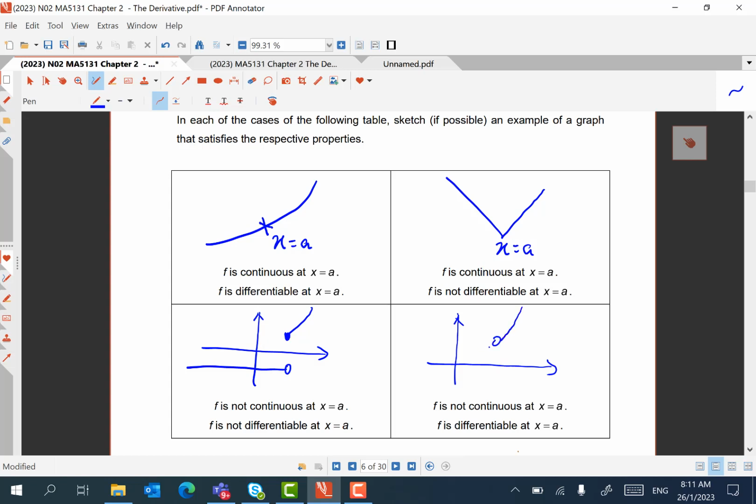Okay, so let's look at this example. Someone says, say maybe you get this A. Someone says this function is not continuous but differentiable. Okay, any objections from the floor?